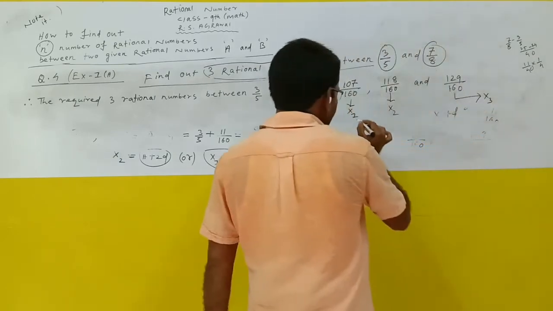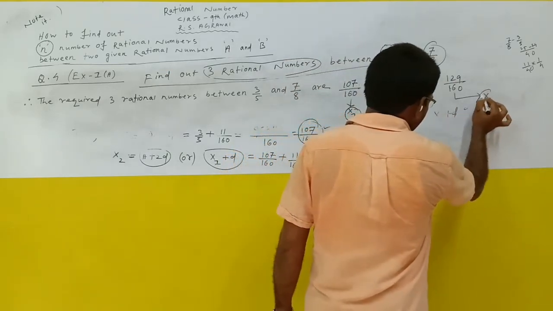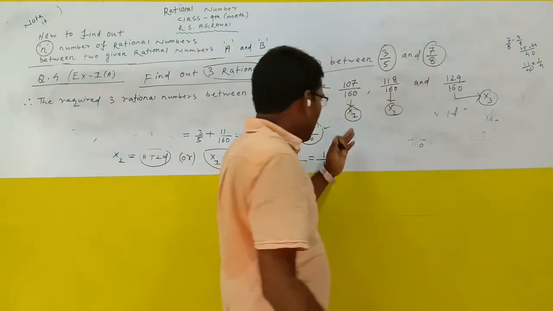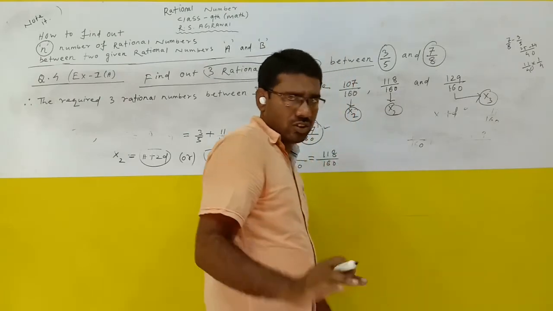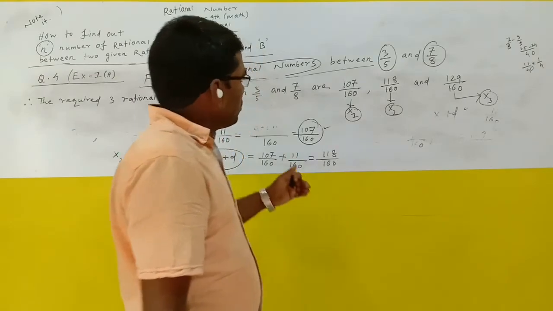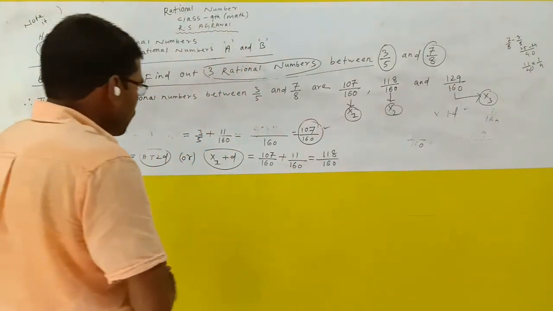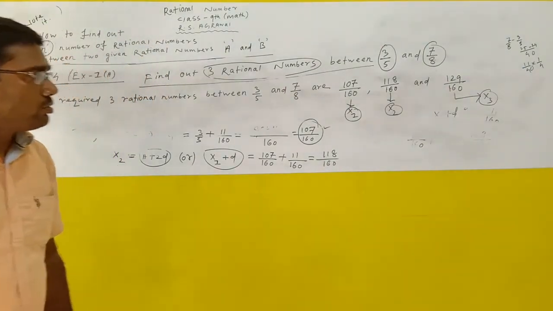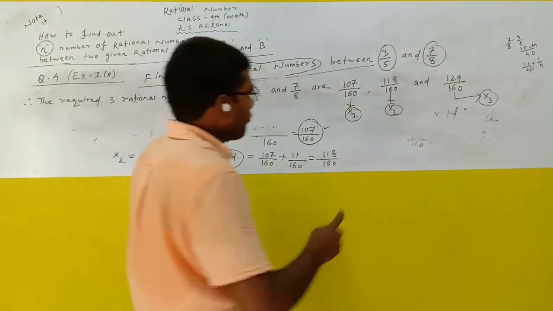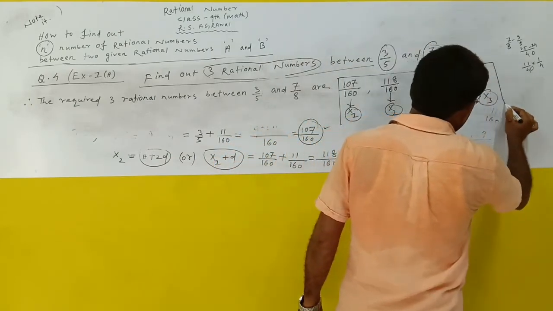You need not write x1, x2, x3. Only I have written it here for your better understanding. So this is your solution. Note it. These three are your required rational numbers.